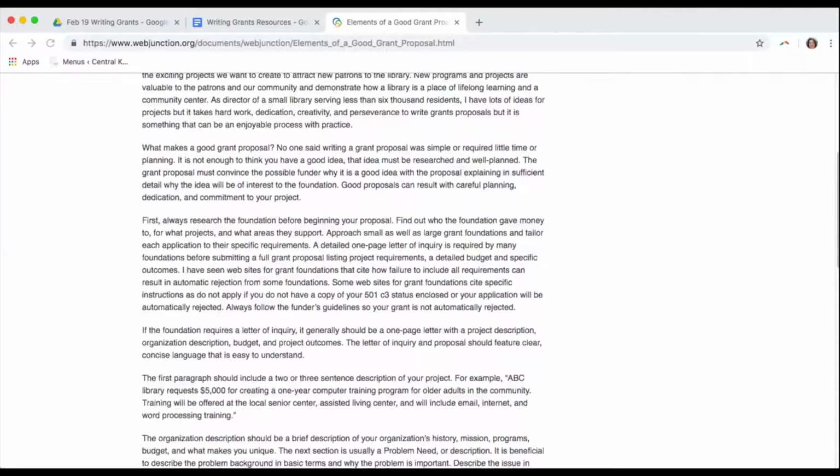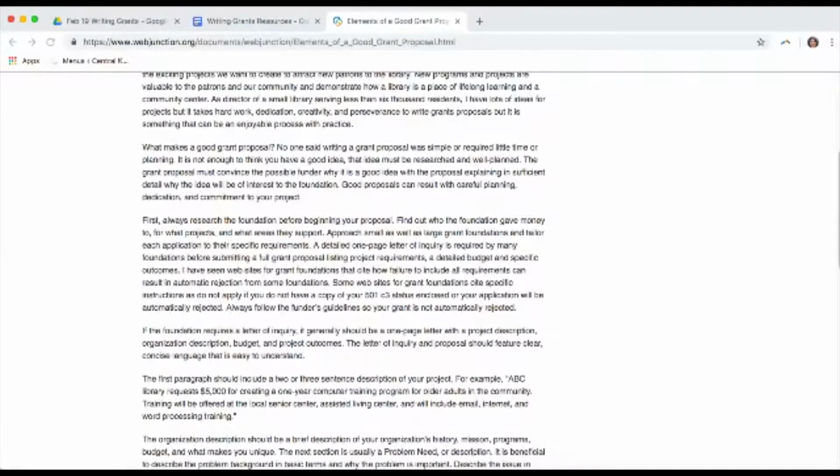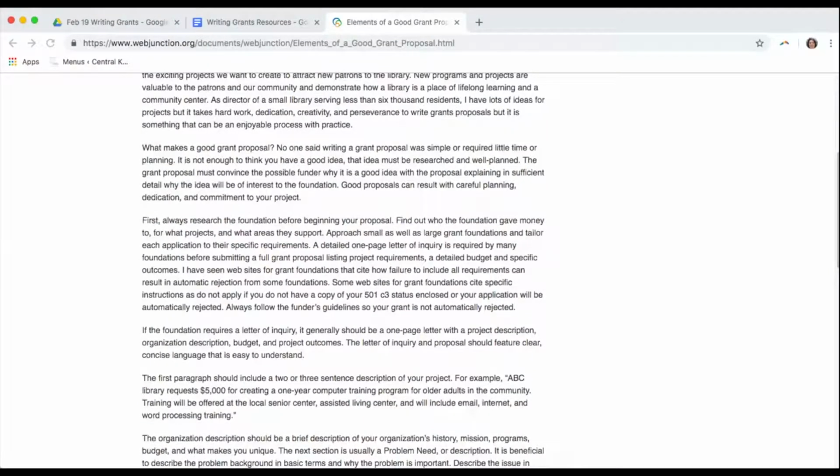Also, what you want in your grant proposal is a detailed budget. Think of all the little things. If you are doing a facilities grant and you need to put in an HVAC system, don't just think about the HVAC unit itself, but if you need to do duct work, if you need to do new electrical, just think about little things too.